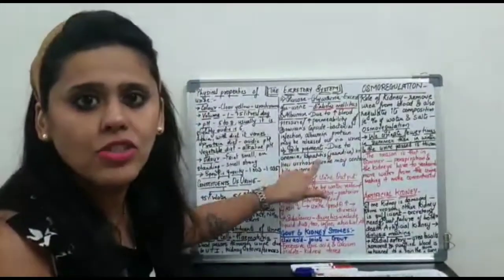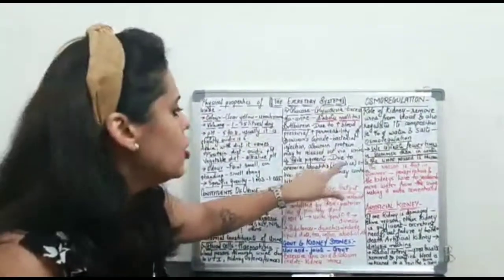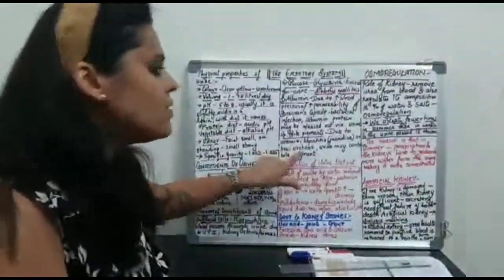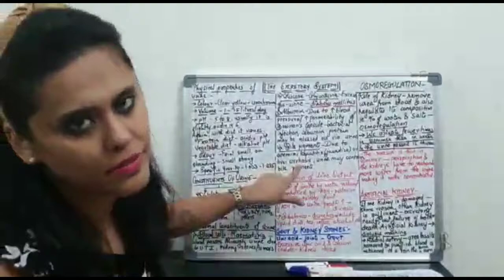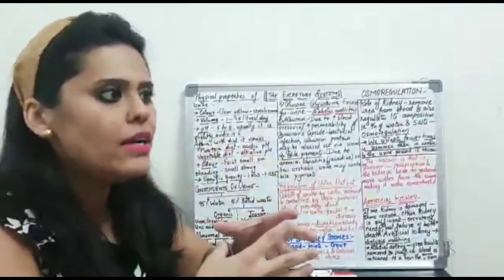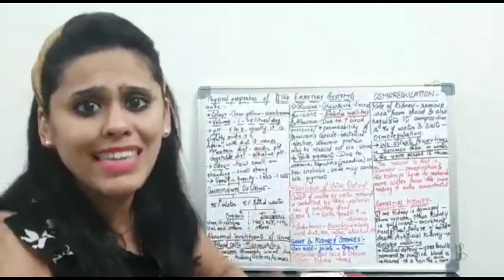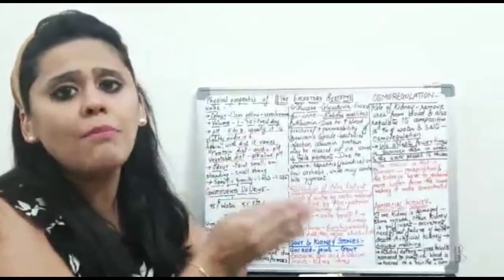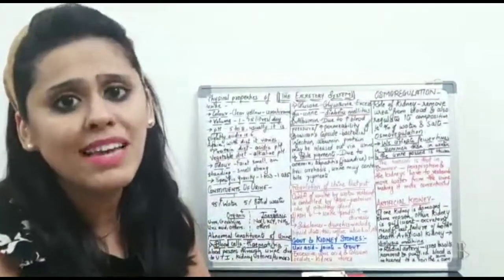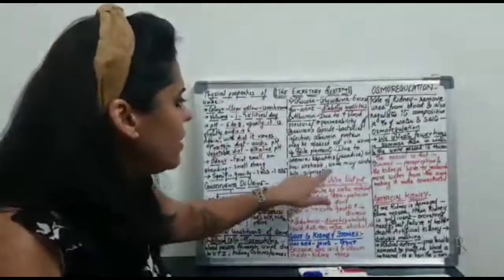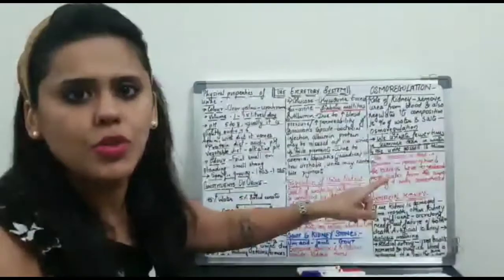Hepatitis is a condition where the liver is affected, jaundice is a condition where the liver is affected, liver cirrhosis is a condition where the liver is affected. जब liver is the organ where the formation of bile pigments takes place, जब liver ही काम नहीं कर रहा है तो bile pigments कैसे बनेंगे, right? And therefore the bile pigments are being released out in the urine.